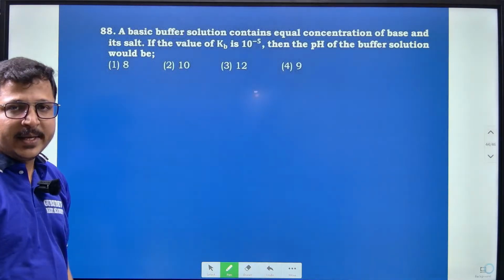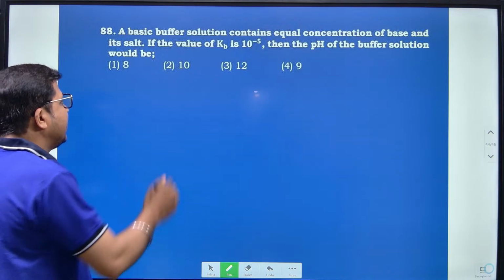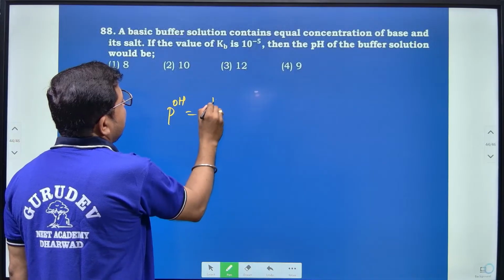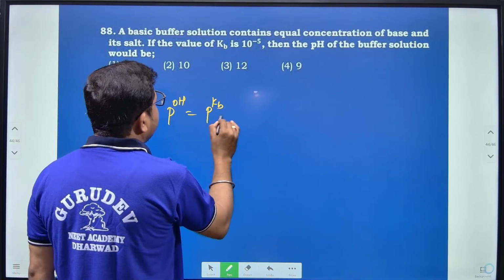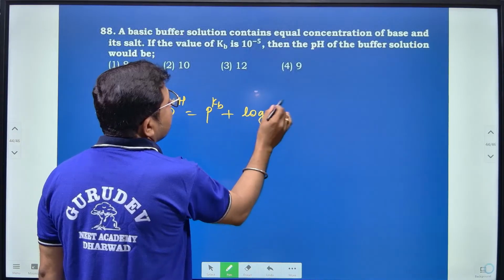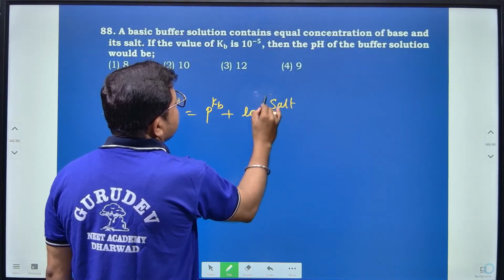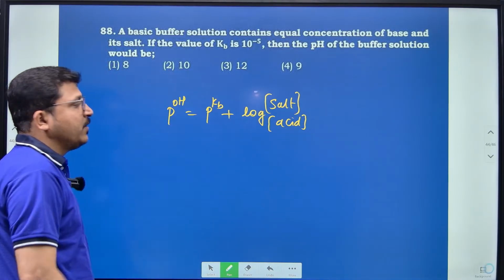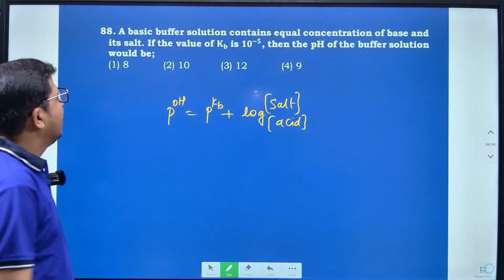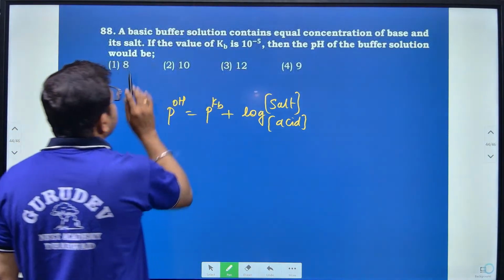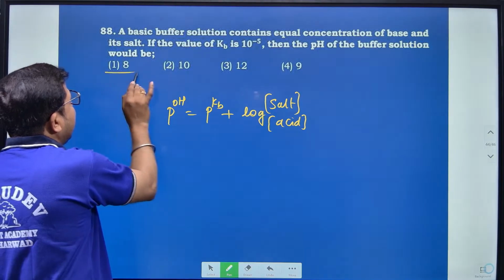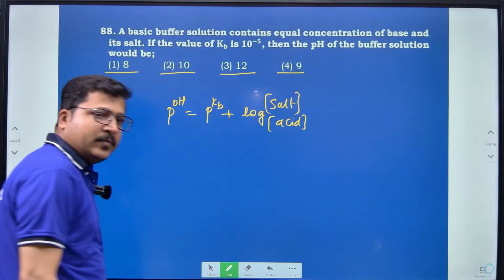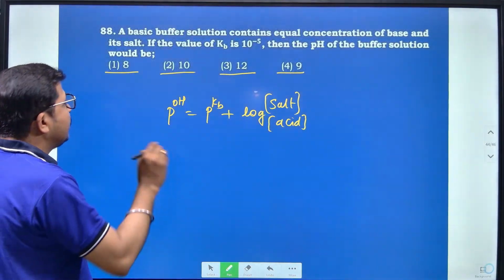For a basic buffer, pOH is equal to pKb plus log of concentration of salt divided by concentration of base, which is the formula. Now first we have to calculate the pOH. He has given option 1 as 8, option 2 as 10, option 3 as 12, option 4 as 9.